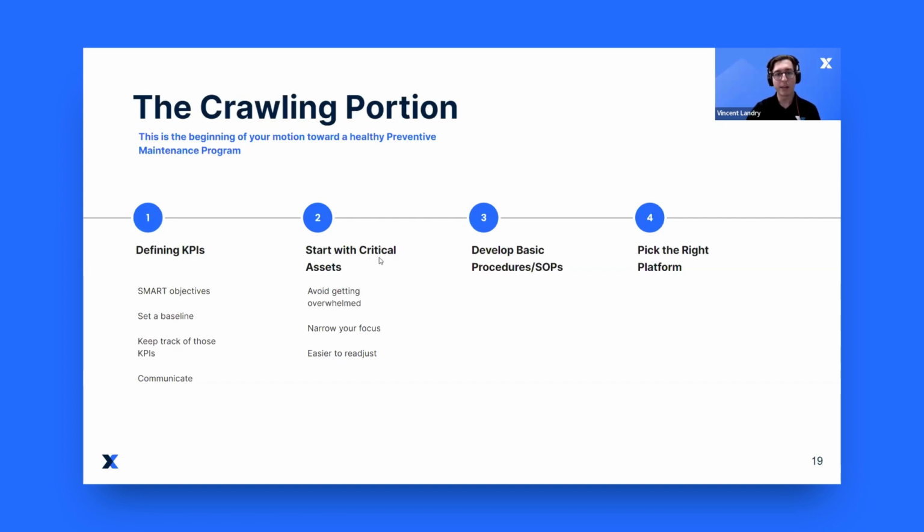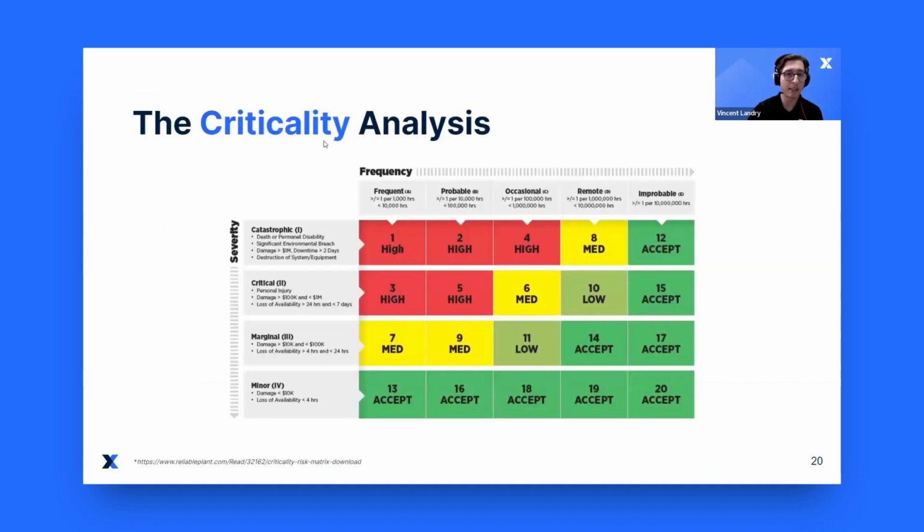Now, in terms of critical asset, you might ask yourself, okay, how do I know if an equipment is critical or not? Well, it exists. What we have is a criticality analysis. And this is something that you can find on the web or any places like that. So essentially, a criticality analysis, what it does is you just analyze the severity of something that fails, something that breaks down.